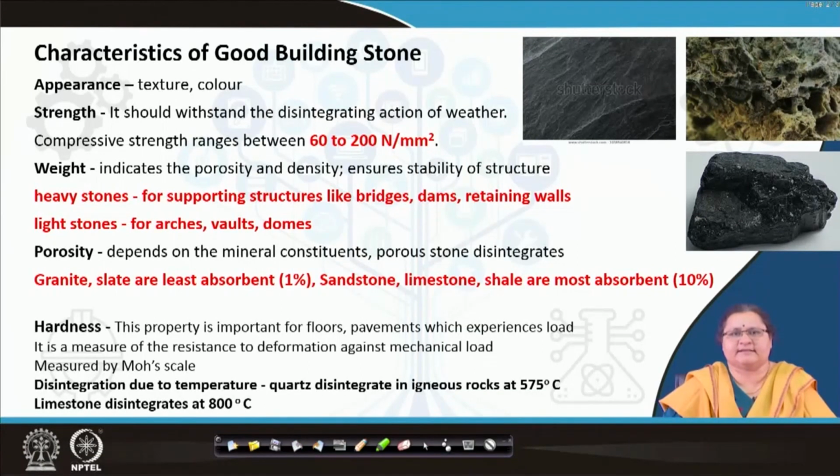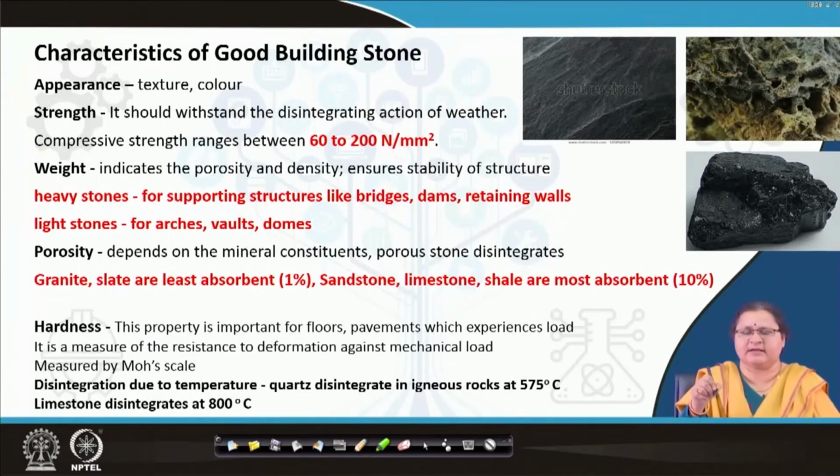Next is the hardness. Hardness means it is the capability to resist against any deformation. So, if you are applying load on it, it may bend, it may get tampered. So, hardness is the property when it is to be demonstrated when it is some flooring, some pavement, when it is experiencing some load.